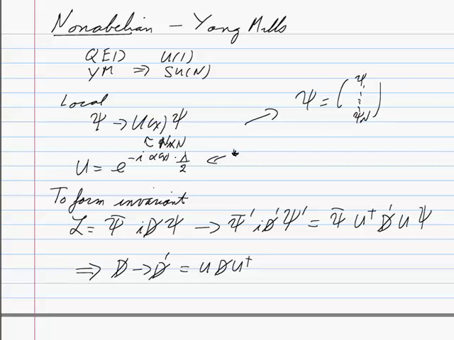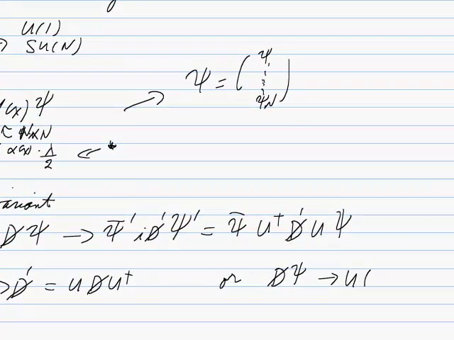Remember, that's how something in the adjoint representation transforms, with U dagger. Another way of putting it is that we want d slash psi to go to U d slash psi under this change.